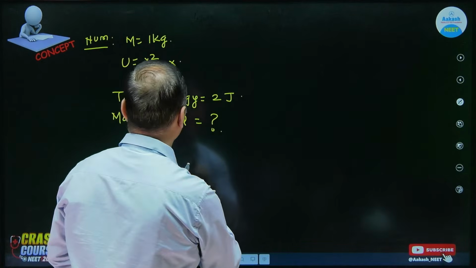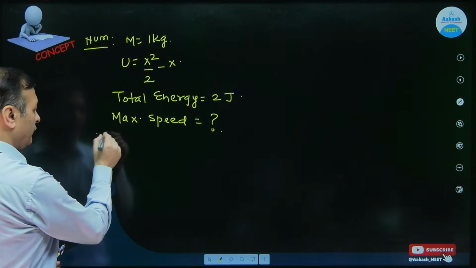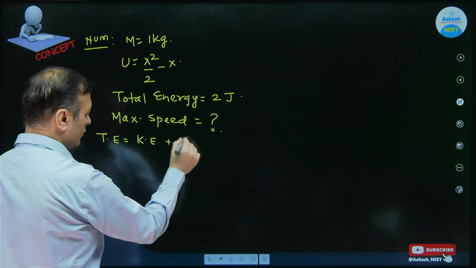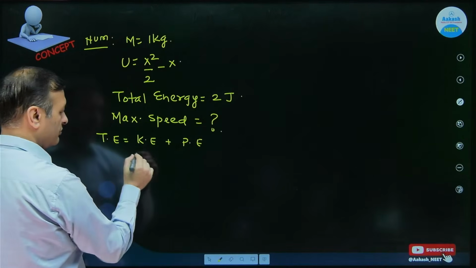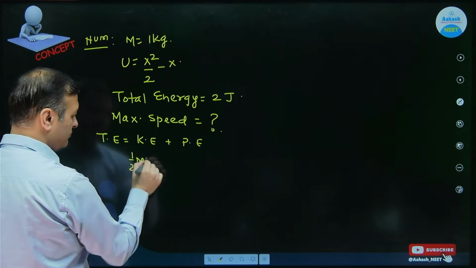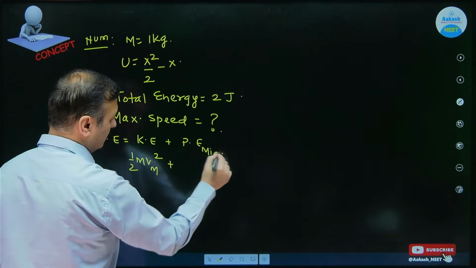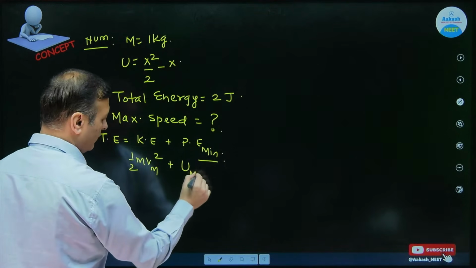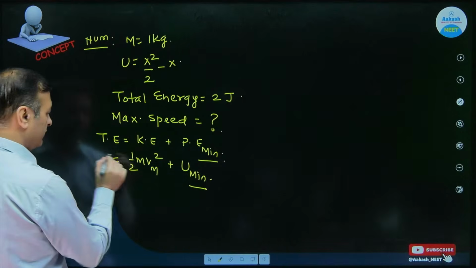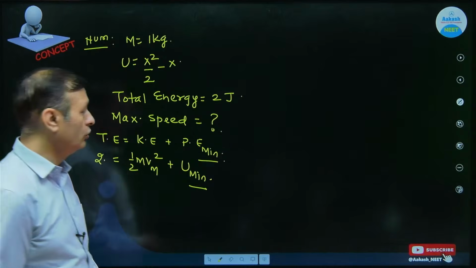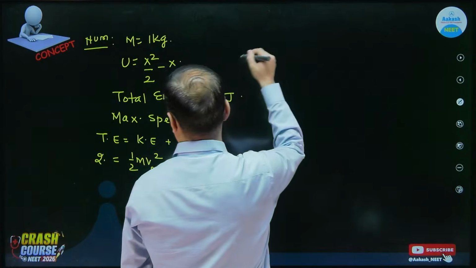Now we know that if I have to define total energy, it means kinetic energy plus potential energy, and because I have to find the maximum speed, this means potential energy has to be minimum. So what is this minimum potential energy? Because the total energy is given to us as 2 only. So let's find U minimum.